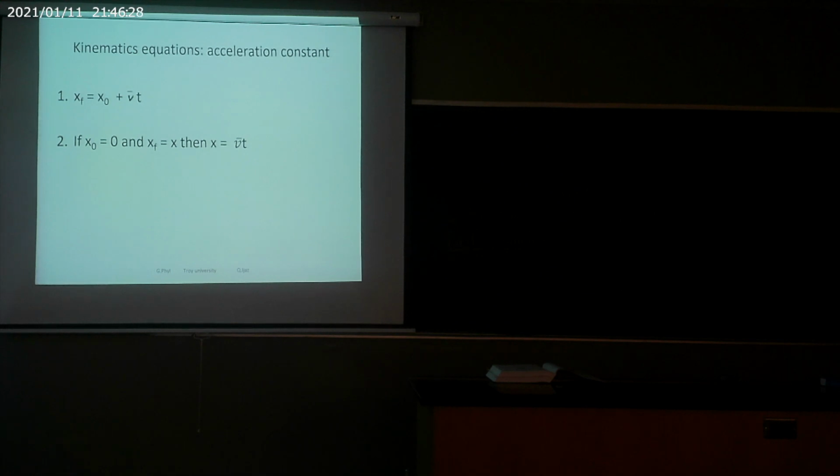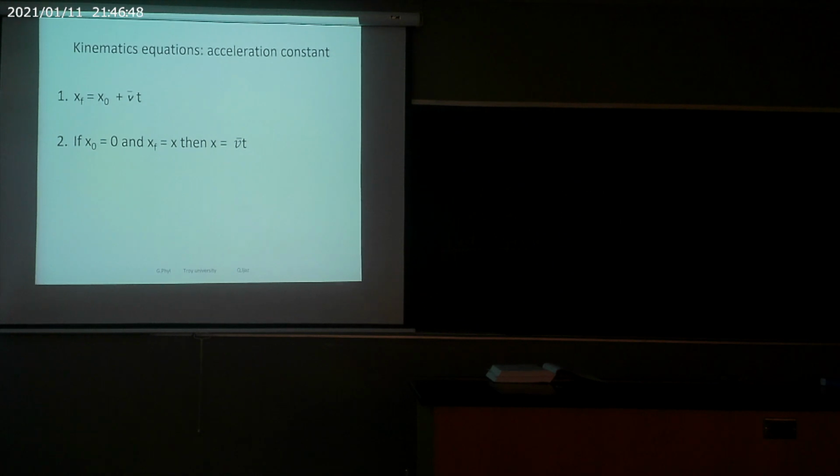I'm also going to replace the xf by just x, and the equation would be x equals x naught plus v average t. It's a more common notation. Nothing right or wrong here, it's just more common notation.